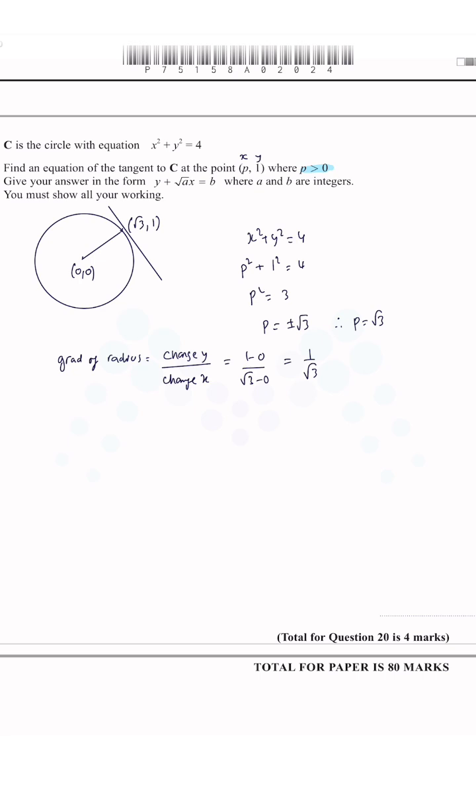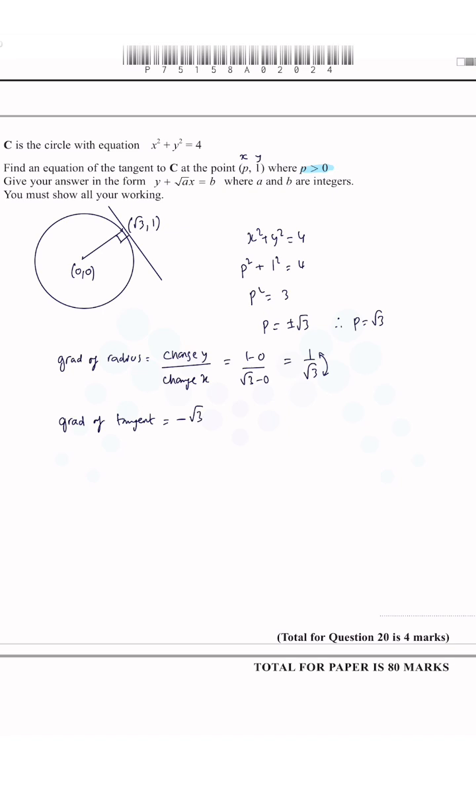Now, for the gradient of the tangent, because I know that the two are at right angles to each other, perpendicular lines, I have to use the negative reciprocal. Because the first one is positive, the second one must be negative. And if I do the reciprocal of 1 over root 3, it becomes root 3 over 1, which is just root 3.